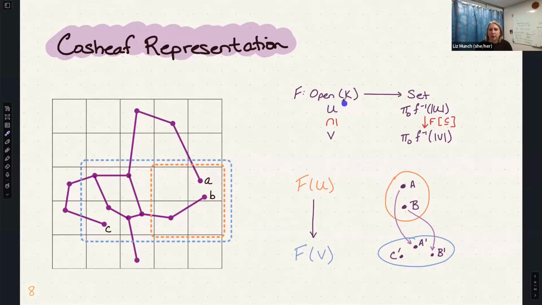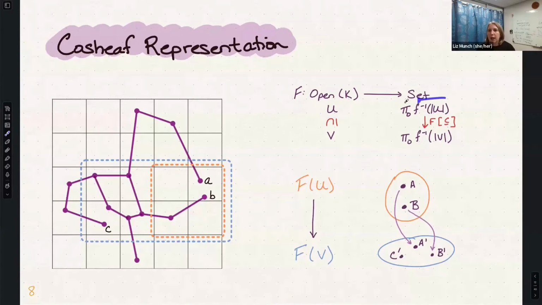Combinatorially, I want to think about these open sets as discrete collections of pieces. The absolute value notation is the geometric realization, the subset of the space. So I can store all of my mapper information by taking any open set over here and storing all the connected components over top of the geometric realization of the open set.